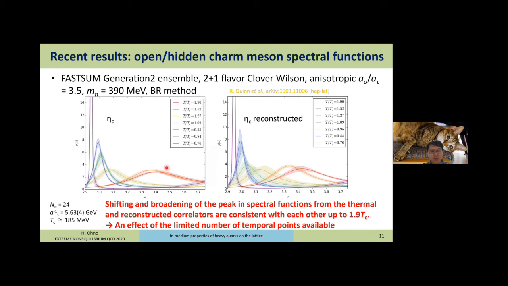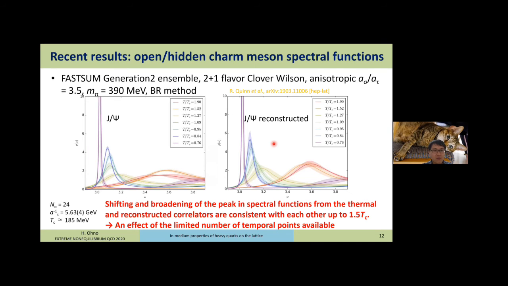Then they conclude that they still cannot find any melting of the eta_c channel. They did the same analysis for the J/psi channel, found similar behavior, and concluded that they didn't find any melting behavior of J/psi.